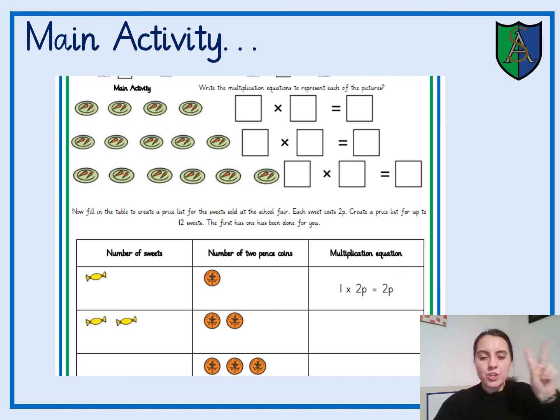So we've got 2 sweets times 2 2 pence coins, so 2 times 2, which is equal to, it's not 2, it's 4, because remember when we're counting our 2 pence coins, you need to make sure that you count in your 2s, okay?